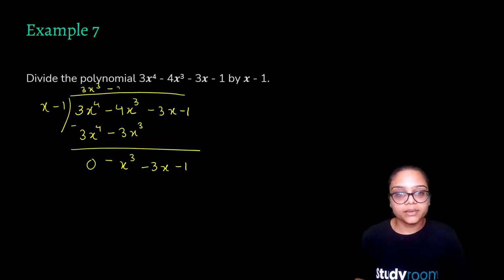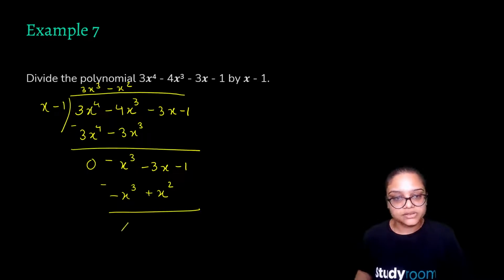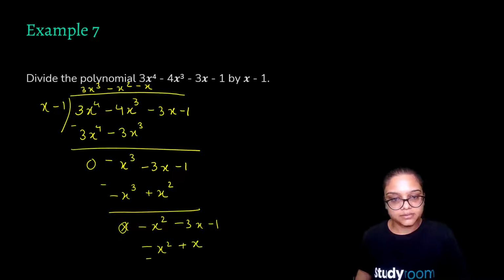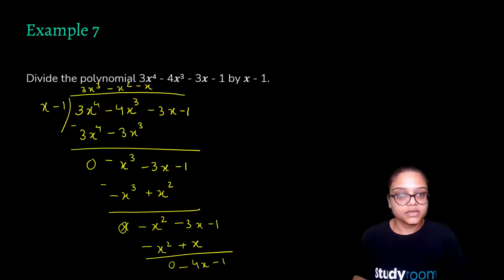Now we'll multiply by minus x square, so it will be minus x cube plus x square, but there is no term of x square, don't worry, we'll just write 0. Now we'll multiply by x, so we will get minus x square plus x, again a 0, then minus 4x minus 1. So we'll multiply by minus 4, that's the last.